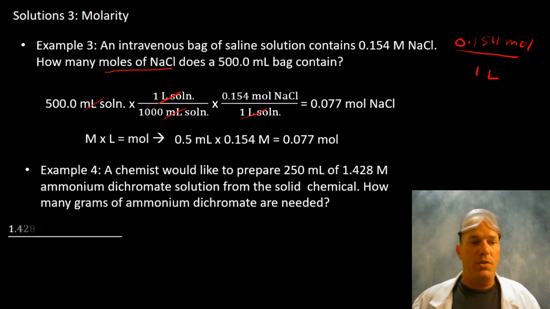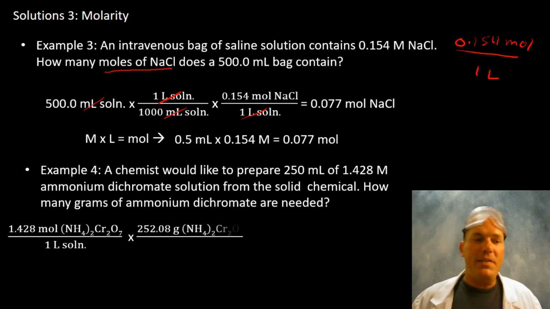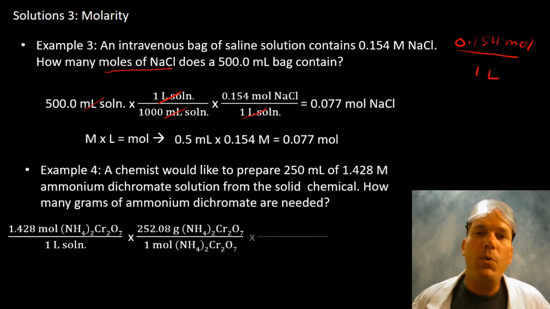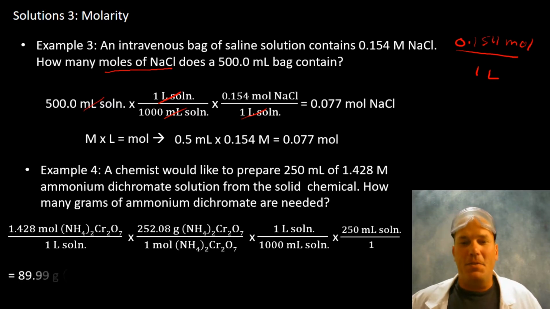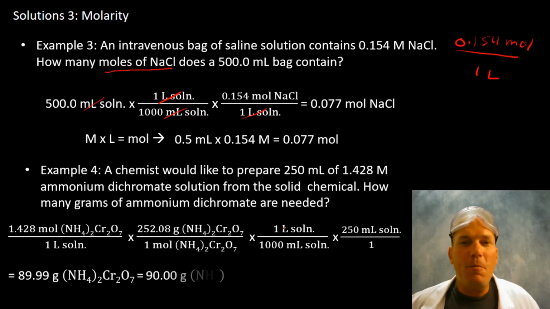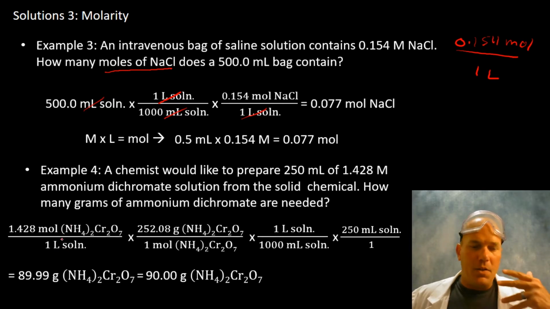Look at this approach. If we start rather with the molarity by saying that's 1.428 moles in 1 liter. So I'm telling you, there's many different ways you can do these, and this one works perfectly fine as well. So you have your molarity, and then you just can start factoring out.